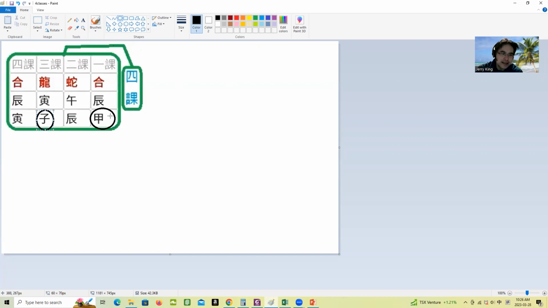Basically the stem represents the first class, and then afterwards you have your second class, third class, and fourth class. The third class is always the day branch pillar. You can refer to these as pillars. You can also call it your first pillar, second pillar, third pillar, and fourth pillar.